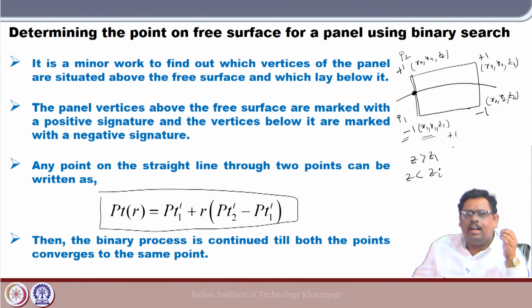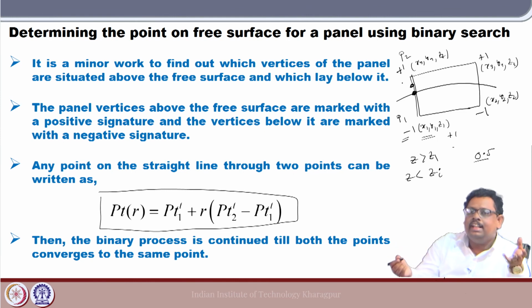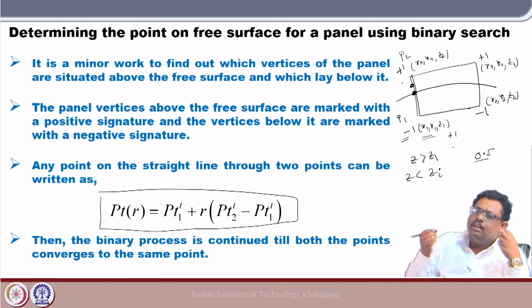Now, you start with r equal to 0.5, and you will get some x, y, z. Now, you check whether that x, y, z is above the free surface or below the free surface. That is called binary search. If it is above the free surface, then you take the next level: it is r equal to 0 and r equal to 0.5, so take r equal to 0.25.